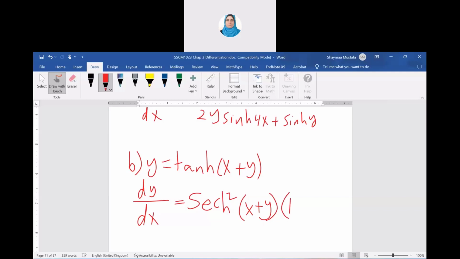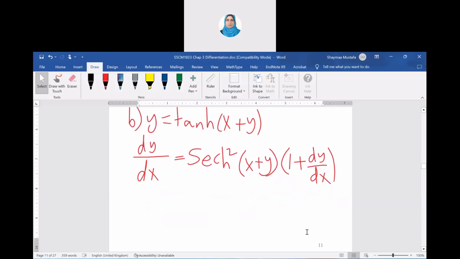The derivative for x is 1. The derivative for y is dy over dx. You need to multiply by the derivative for the function inside, x plus y.